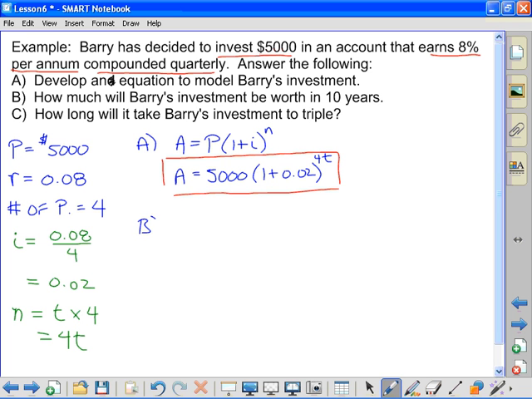B part. How much will Barry's investment be worth in 10 years? So this question tells us T is 10 years. So I can go A equals, so I'm just copying down the formula in the red box above. And yes, you can write that as 1.02. And now I know it's 10 times 4 in the exponent. There's no trouble here, no unknowns.